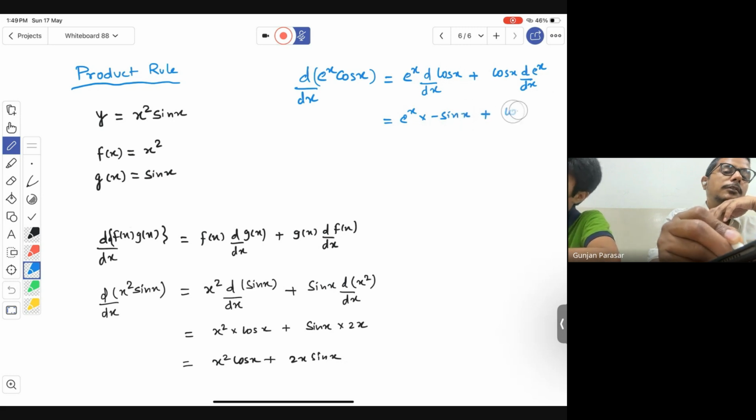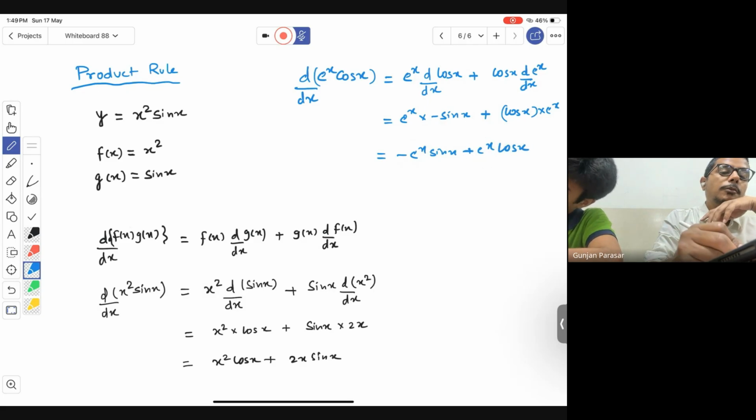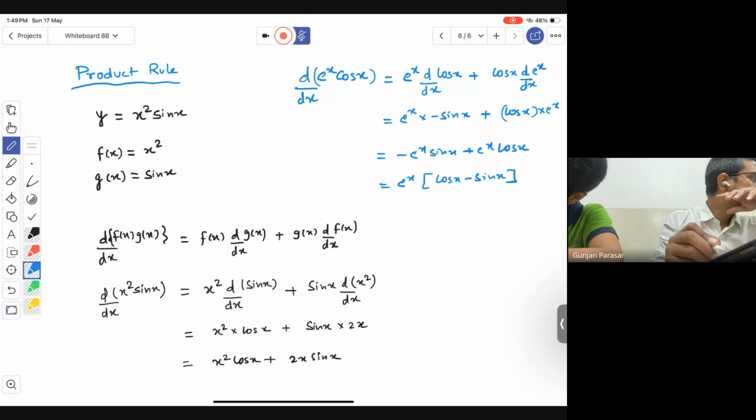And the differentiation of e power x is e power x. So it becomes minus e power x sin x plus e power x cos x. You take out e power x common and write cos x first, so cos x minus sin x. Okay, this is how the product rule works.